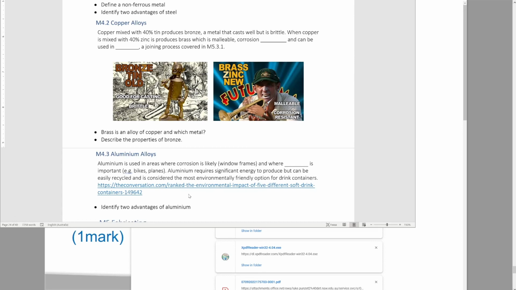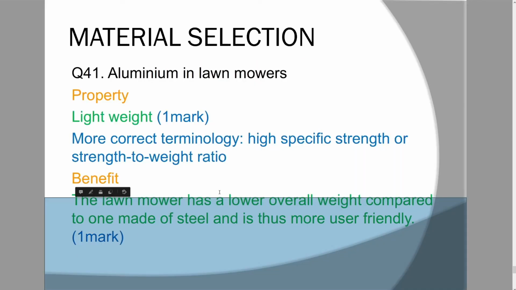And that's probably all we really need to know in year 11. We talk about copper alloys and aluminium alloys. I've asked you to identify 2 advantages of aluminium, and that's pretty much all I need. So we talk about it being lightweight, and we talk about it being corrosion resistant. That's really what we're looking at.